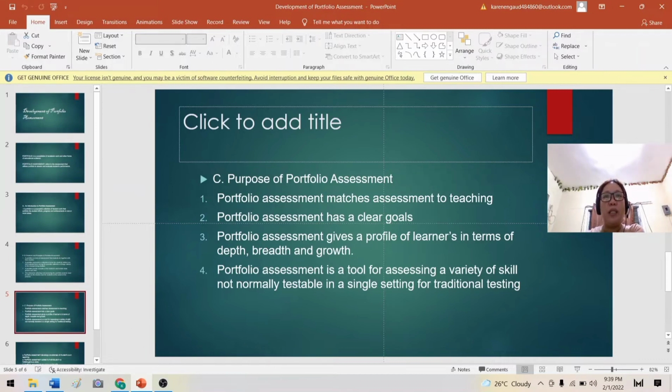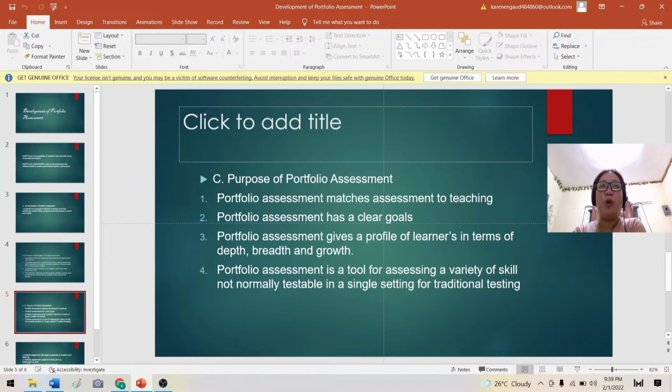Portfolio assessment gives a profile of learners in terms of depth, breadth, and growth. Okay. The portfolio assessment gives the profile of a learner.